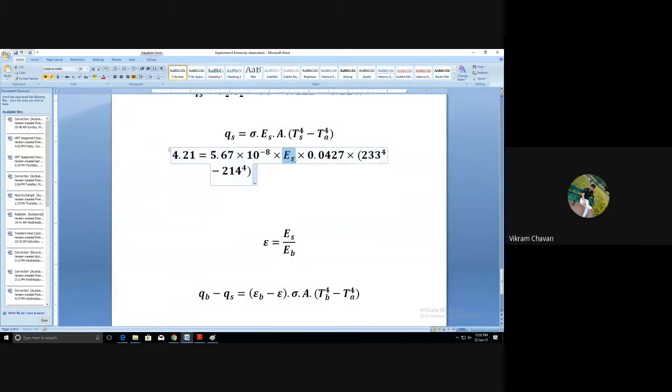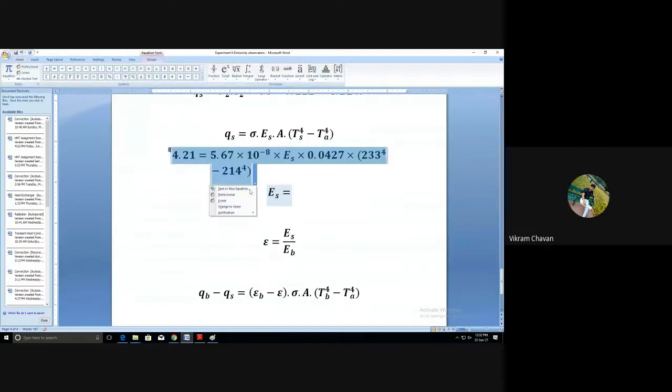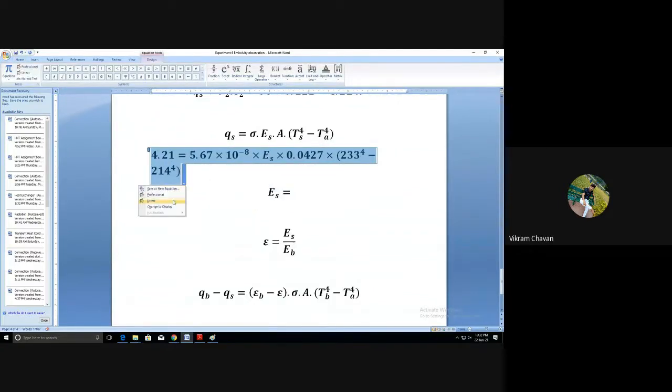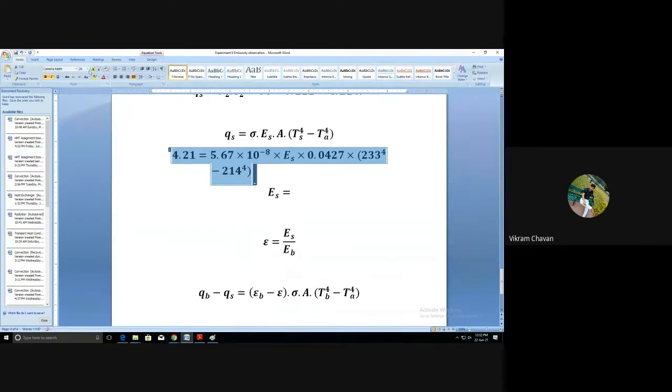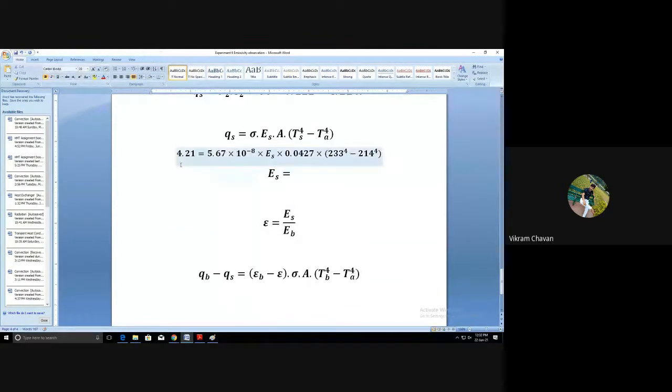E suffix S is equal to. Please let me know the E suffix S value, that is, the emissive power of a test surface. 2.04.